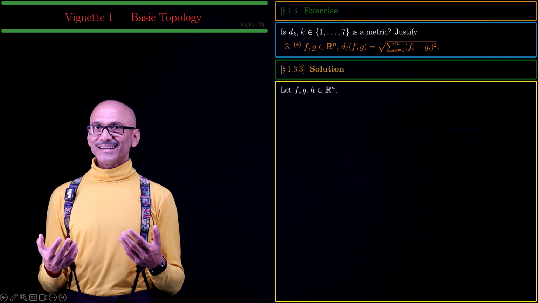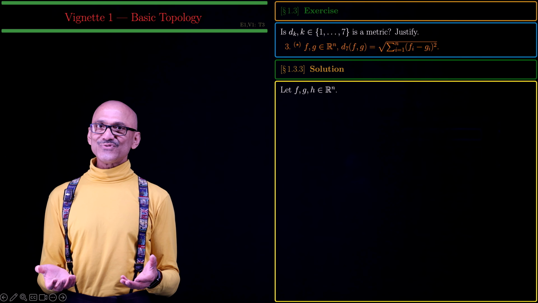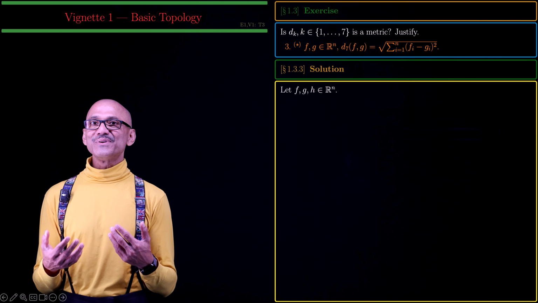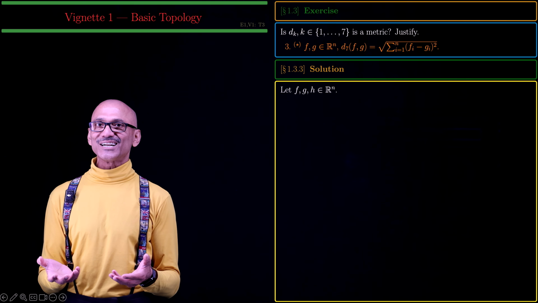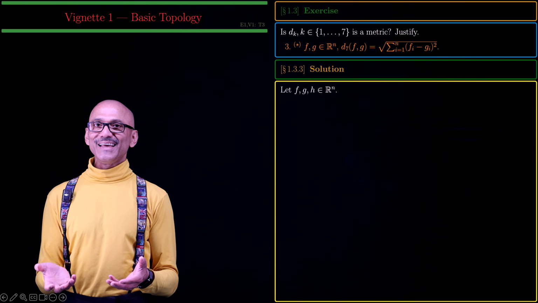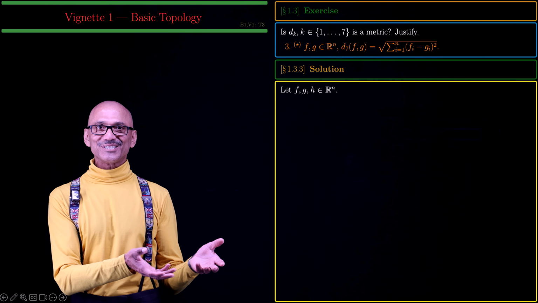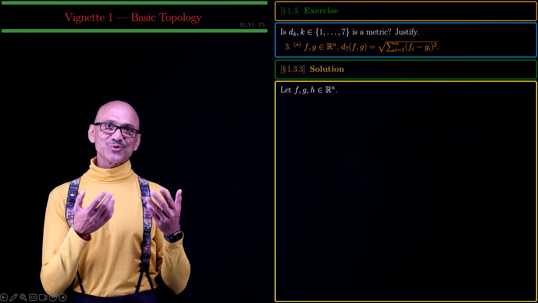Oftentimes in analysis, when we are to prove an equation or an inequality, the strategy is to begin with the square of one side of the equation or inequality and find conveniently that the terms cancel, collapse, or coalesce into the square of the other side of the inequality. And then we take the square root of both sides to arrive at our result. This is one such case.